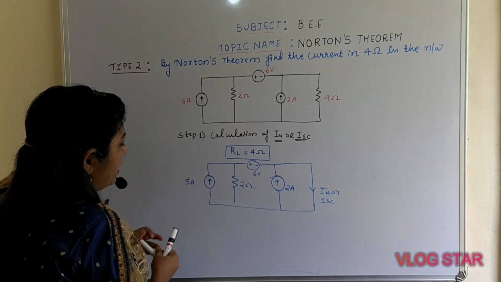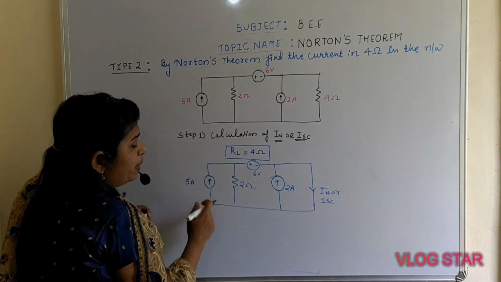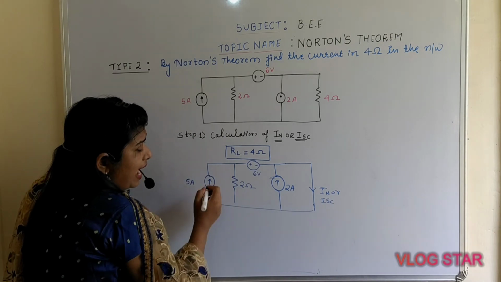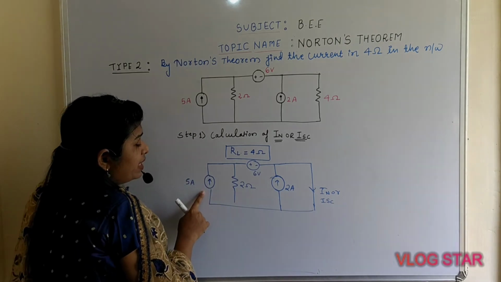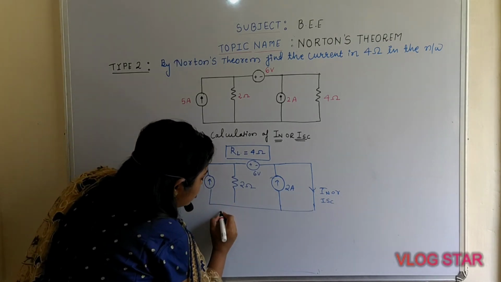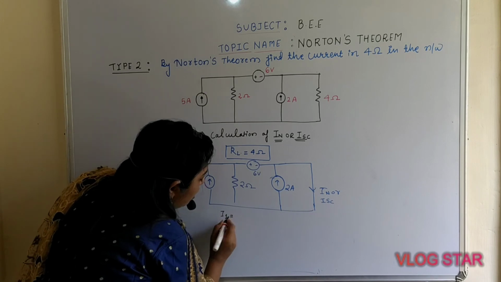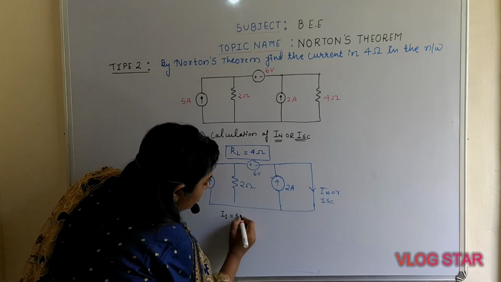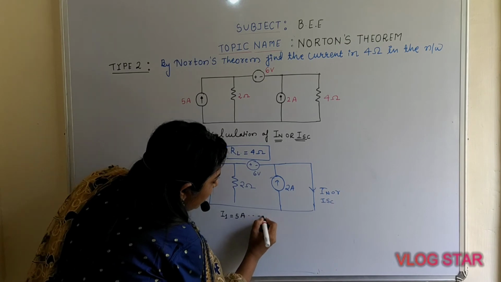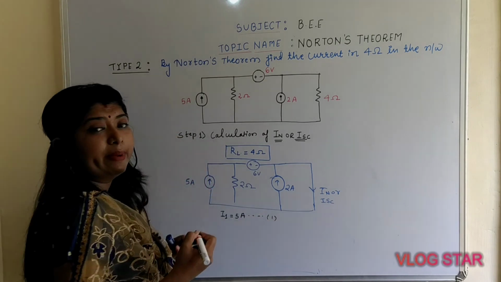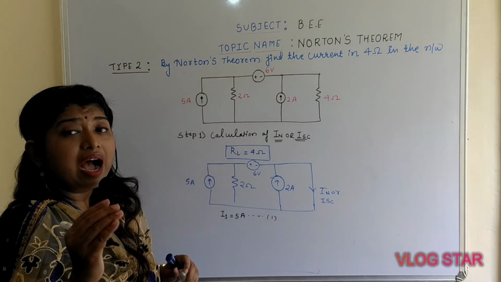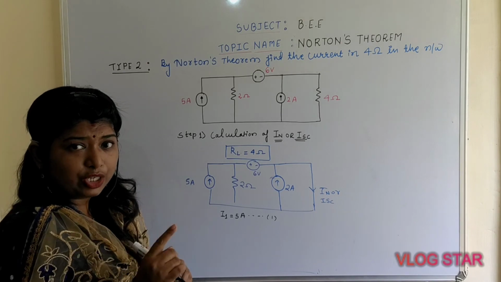As you can observe, an ammeter is connected in mesh 1. So due to that ammeter current, what is the value of I1? Due to the ammeter, the first equation becomes I1 is equal to 5 ampere. I hope you have understood the first equation.